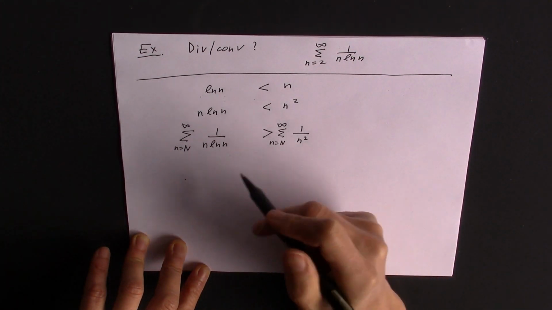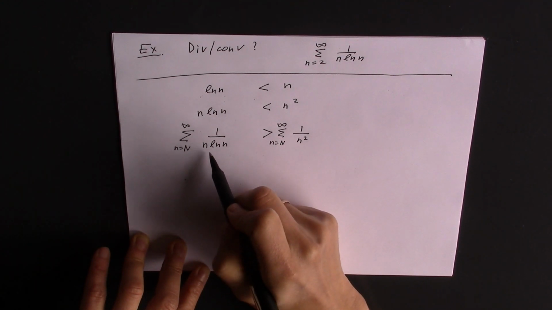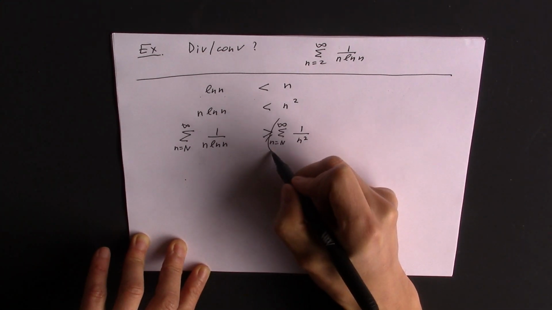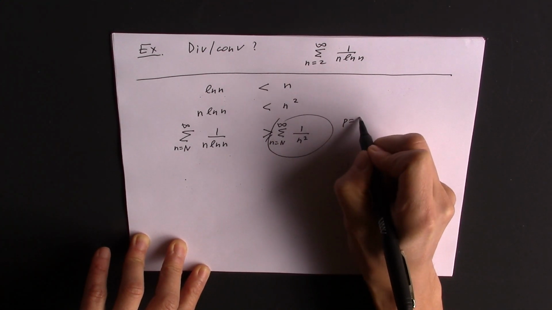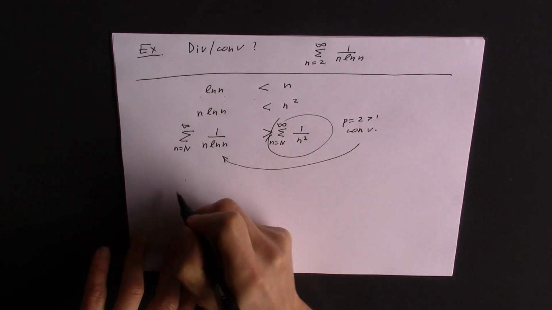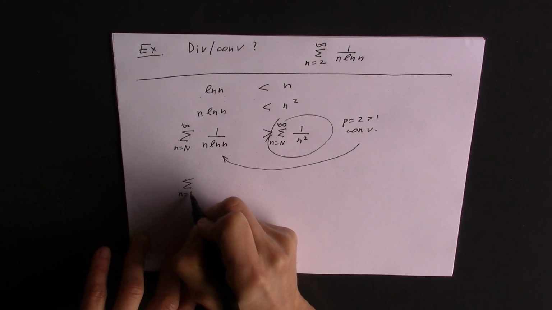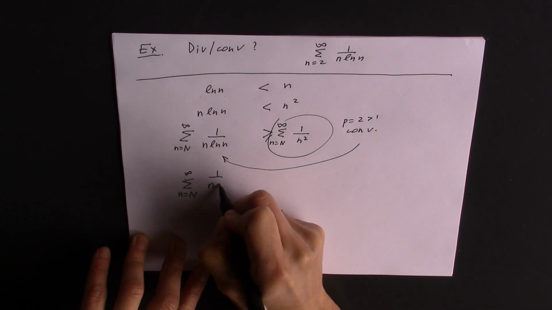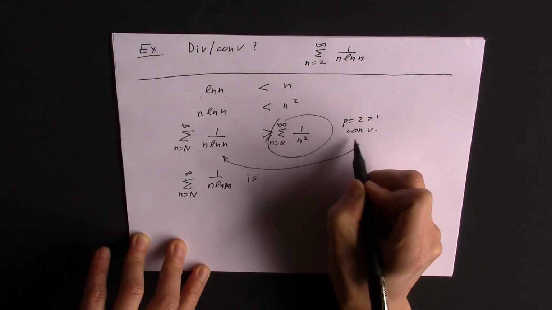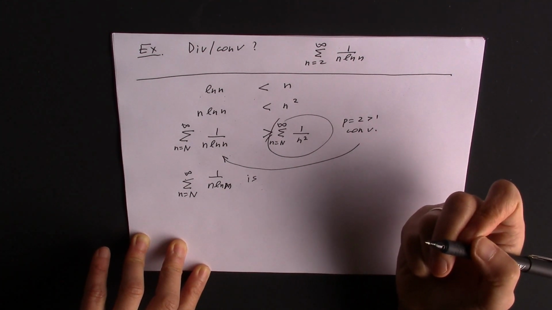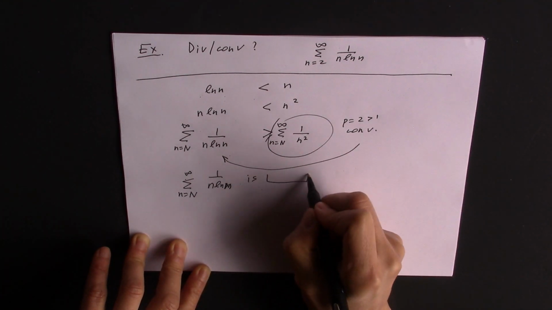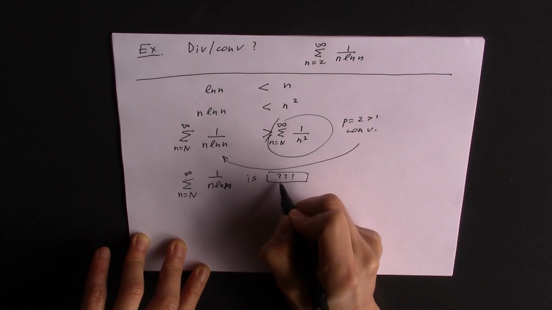So we got the series of 1 over n ln of n is bigger than or equal to the series of 1 over n squared. We recognize this series, that is a p-series, p equals 2, bigger than 1, convergent. Therefore we say the series to the left is bigger than a convergent series, bigger than a finite number, and that means we have a problem because we cannot figure out what is going on here.